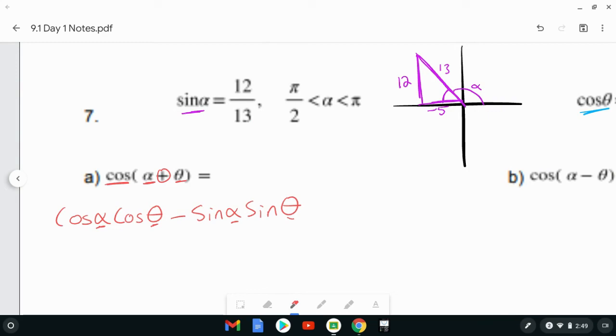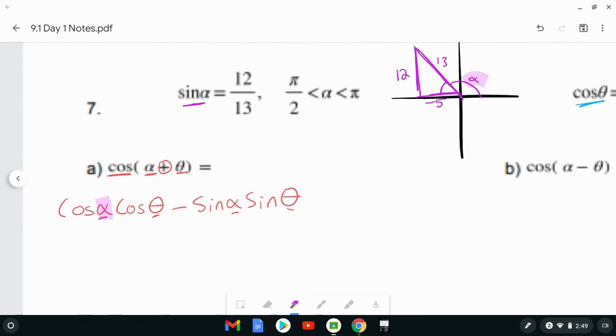So cosine of alpha here would be the adjacent over hypotenuse. So we know that this one is going to be negative 5 over 13. And we know that sine of alpha is going to be 12 over 13, because that's also given.